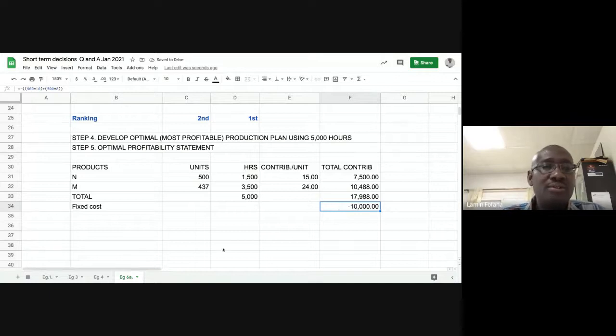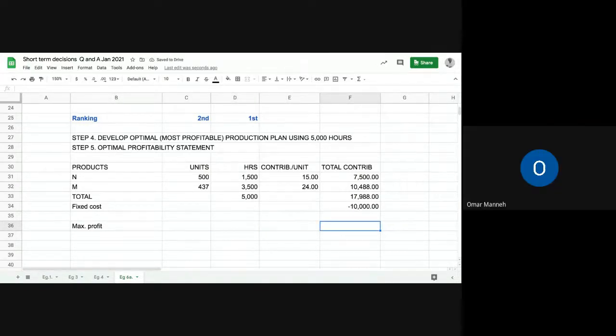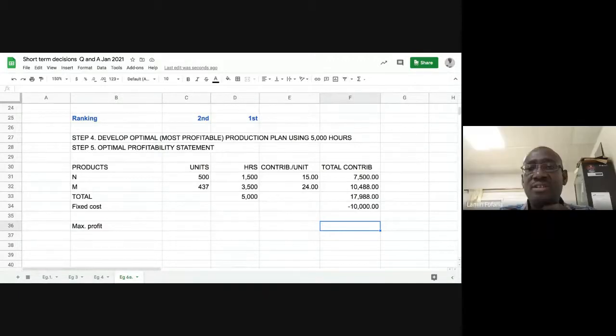So now we calculate our maximum profit, max. So our maximum profit is 17,988 as our total contribution less our fixed cost.